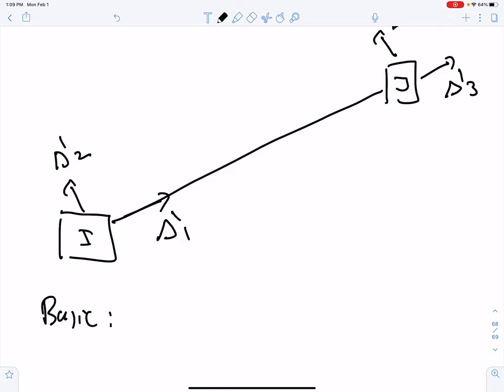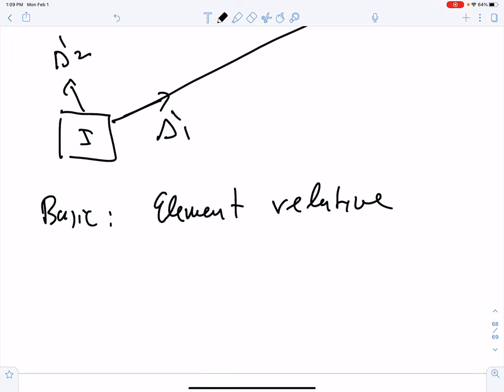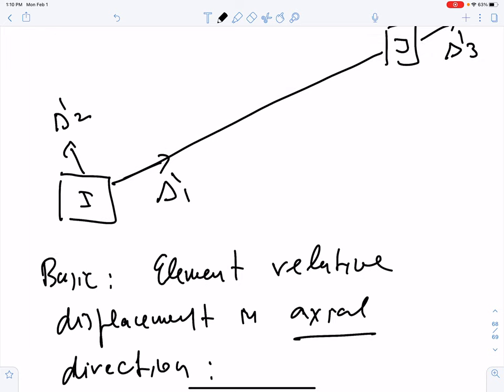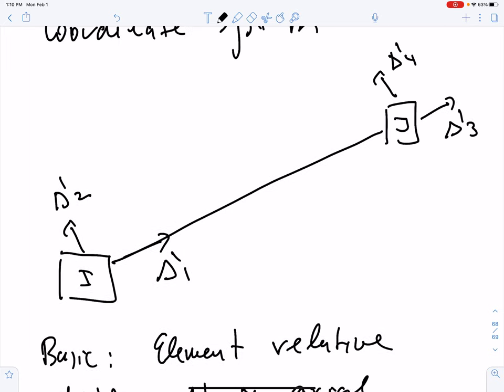So what do we need? We need to compute the element relative displacement in the axial direction. Okay. Right. So by looking at this picture, I don't care what delta prime 2 or delta prime 4 are, again assuming that these displacements are not so big, and this is an assumption of the course.